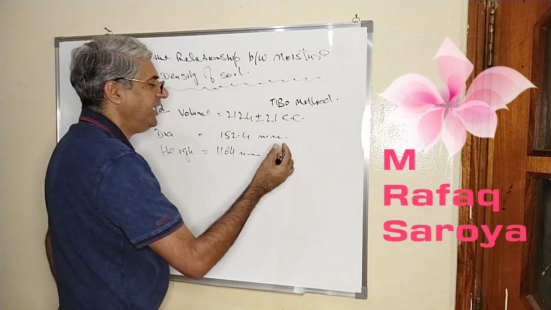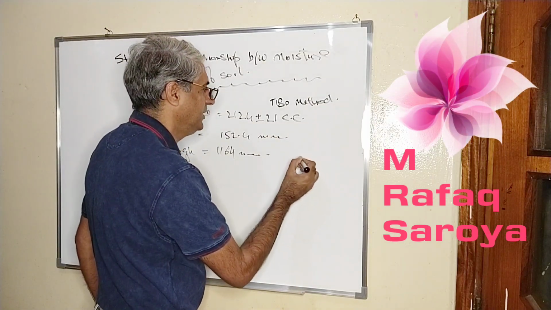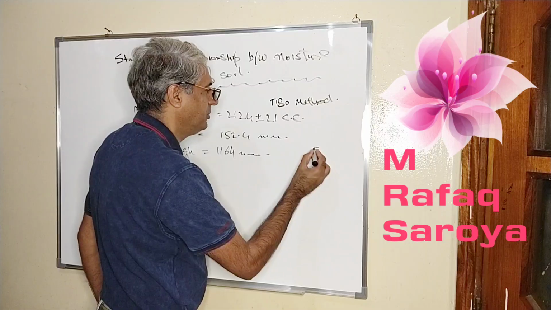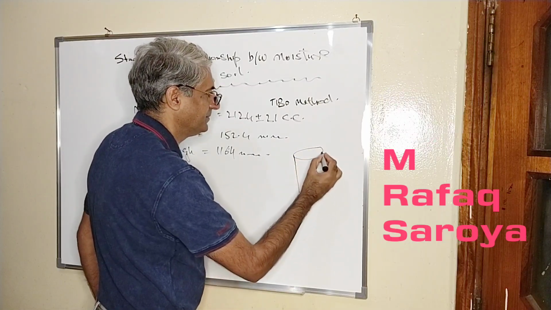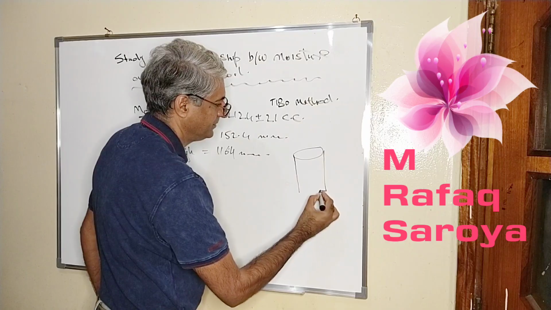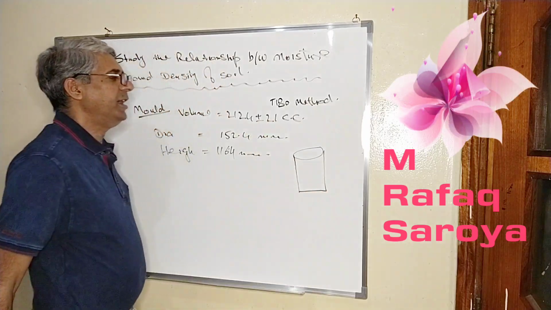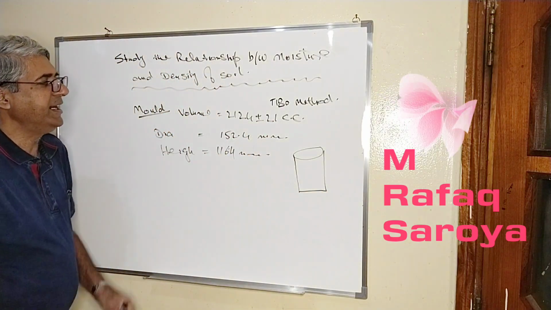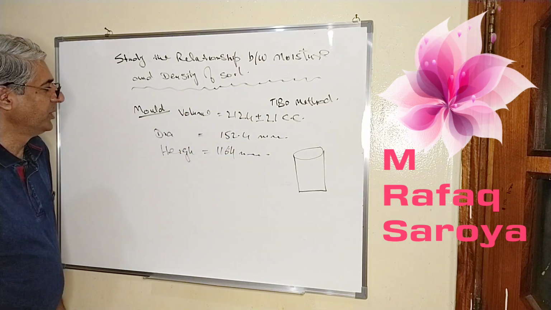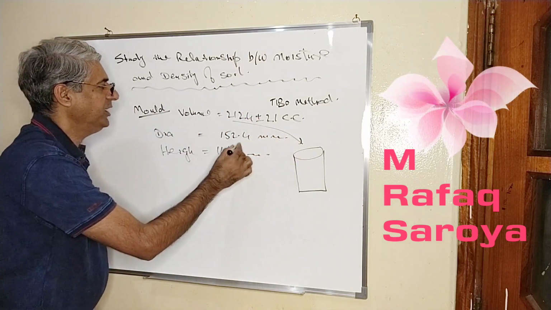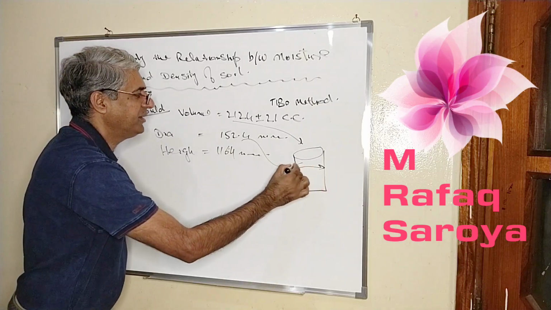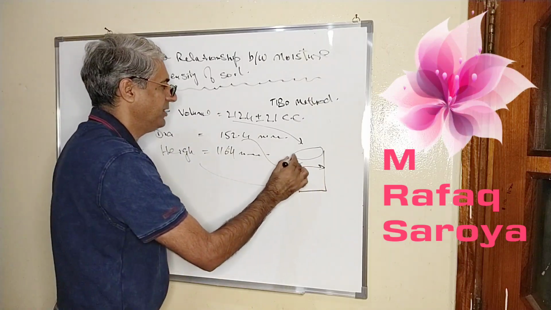It is in exact cylindrical form, although I will try to draw it. This is our mold. It is in exact cylindrical form as I have drawn over here, and these characteristics belong to it. This gives us the volume, this gives us the internal diameter, and this gives us the height.